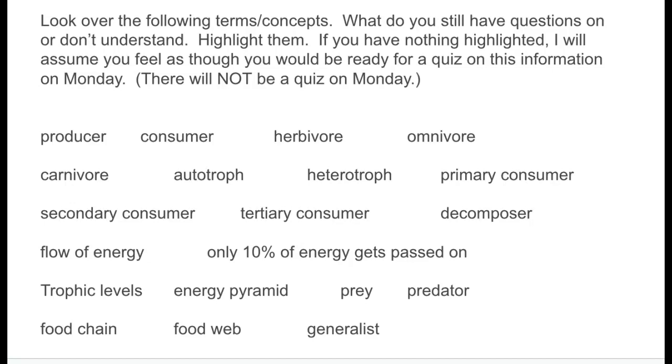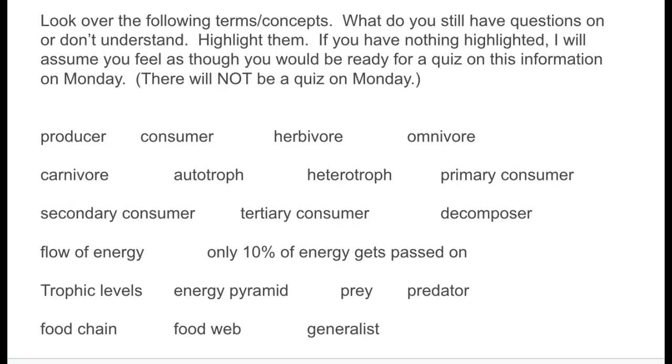The terms and concepts are going across: producer, consumer, herbivore, omnivore. Next row, carnivore, autotroph, heterotroph, primary consumer. Third row, secondary consumer, tertiary consumer, decomposer.